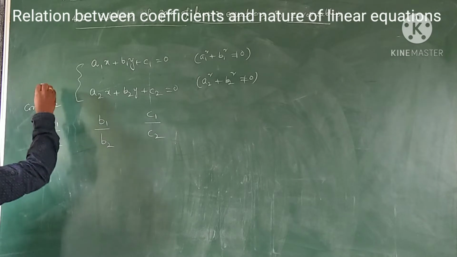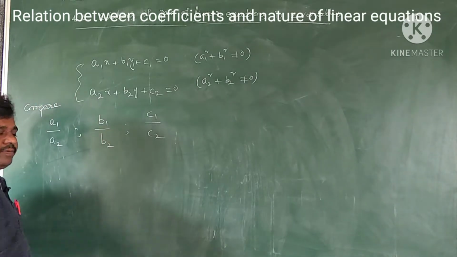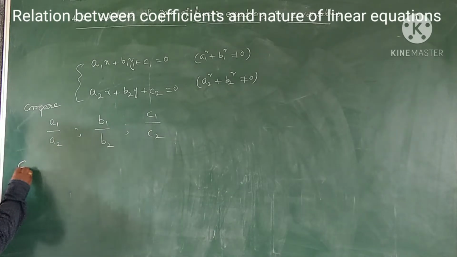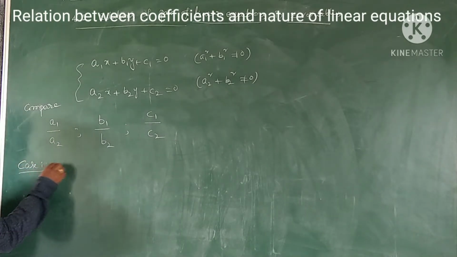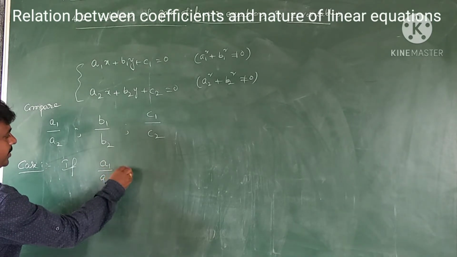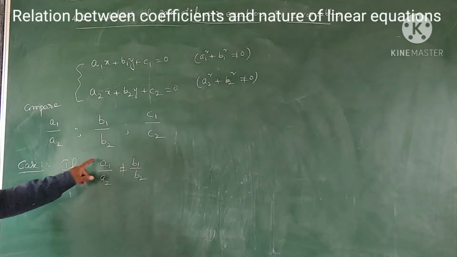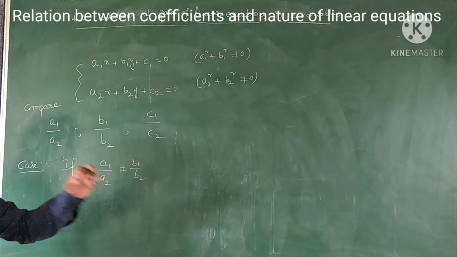Case 1: if a1 by a2 is not equal to b1 by b2.